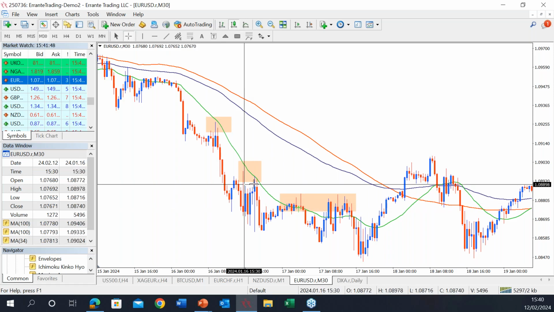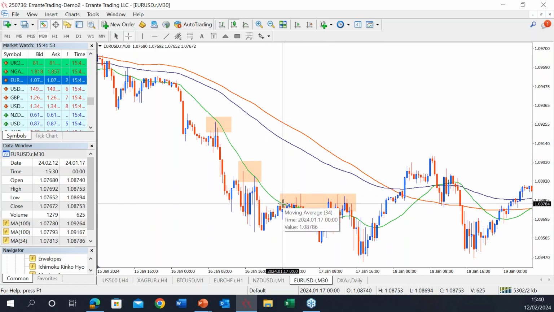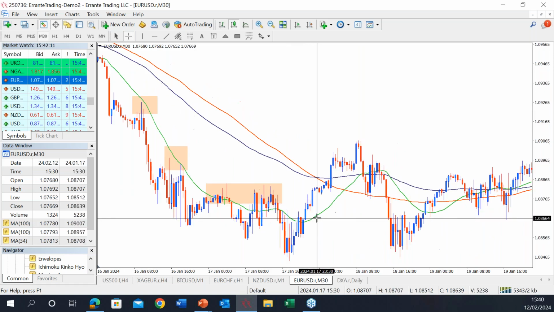But because it's so close and sensitive to price action, you should always compare it to other types of moving averages or other lengths or periods, because you might get very premature signals, like here.